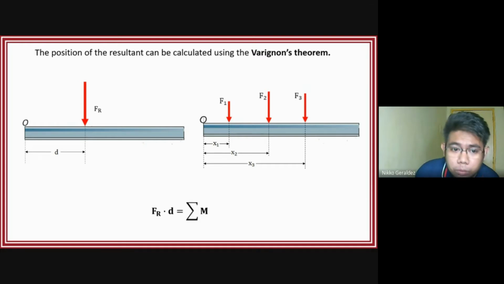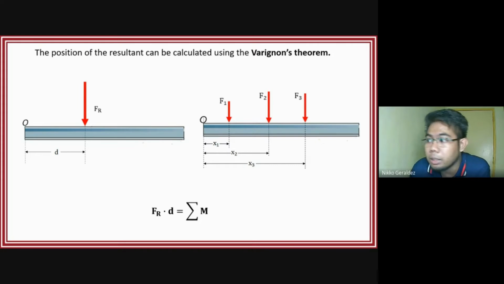So, yung FR times d, equal yan sa moments ng bawat force doon sa system mo. Di ba? F1 times x1, F2 times x2, and F3 times x3. So, equal sila doon.